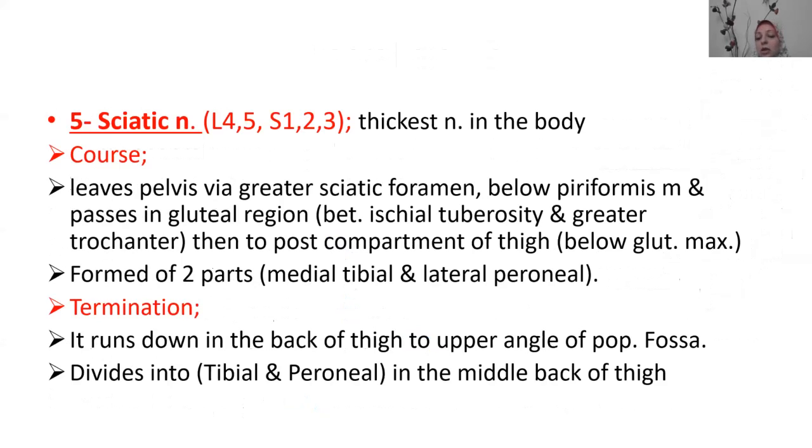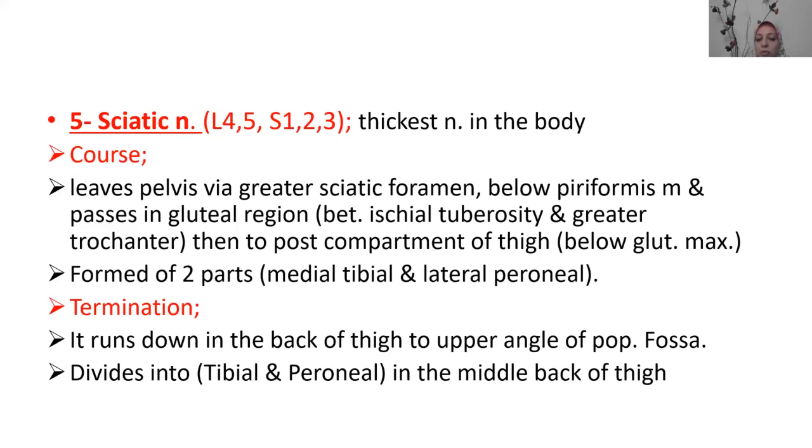And the thickest and largest nerve in the body is the sciatic nerve, derived from all roots of the lumbosacral plexus. It leaves the pelvis through the greater sciatic foramen, emerges below the piriformis muscle, and passes in the gluteal region between two bony landmarks, the ischial tuberosity and the greater trochanter.